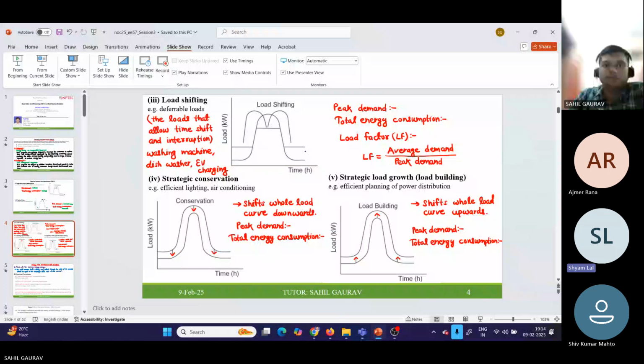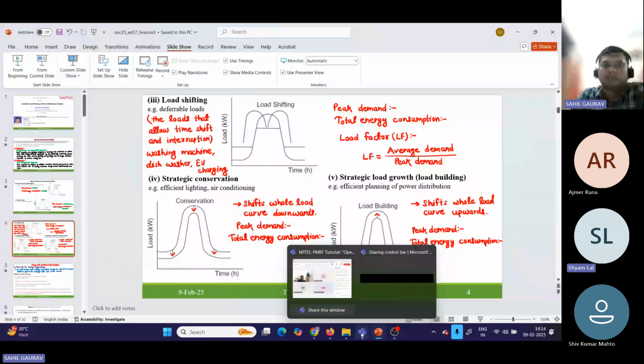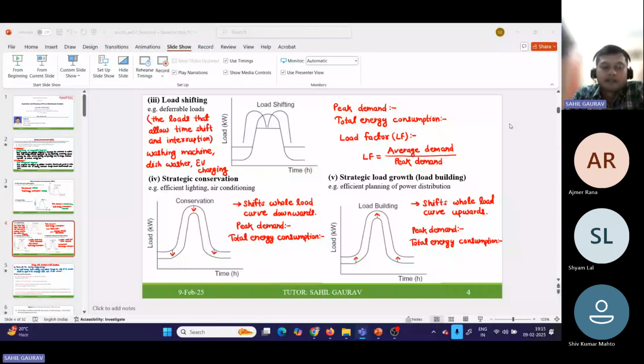Summers, fan and coolers, AC? No, not those. Lighting loads are not deferrable, but coolers and AC are not compulsory type of loads. One good example you can think of is hospital loads, meaning emergency type of loads.